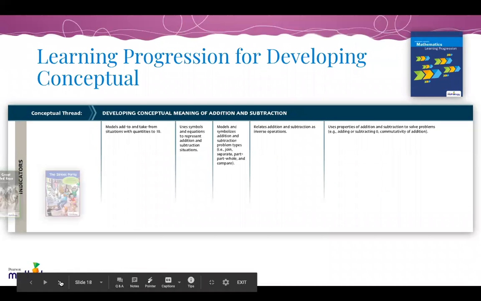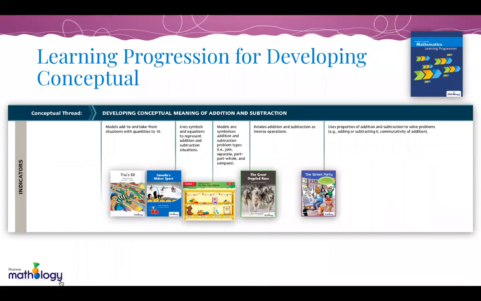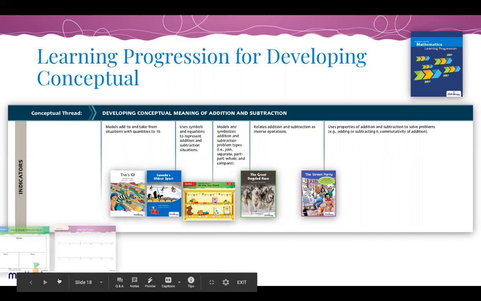So when we take a look at the learning progression, we see from the left to the right, from kindergarten to grade 3, there's resources in Mathology, whether it's print or on Mathology.ca, that help students along this learning progression in a way that is just fun and really enjoyable.